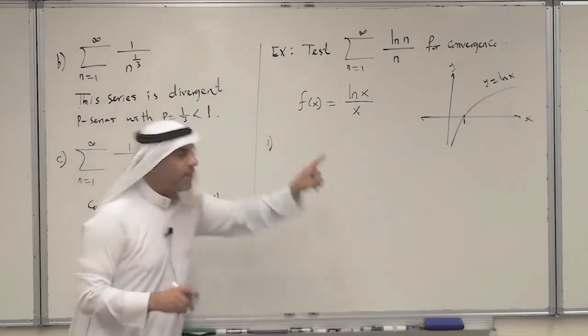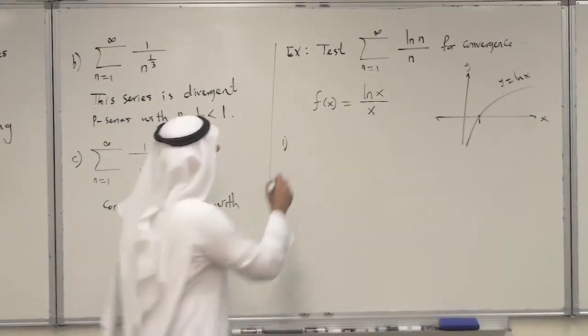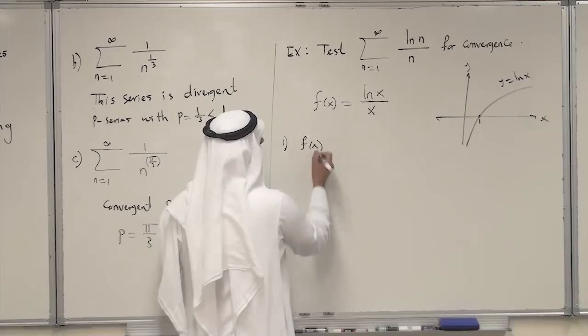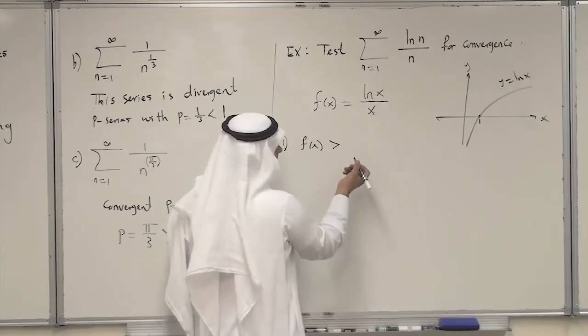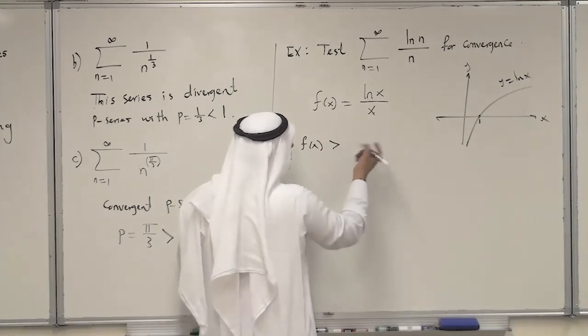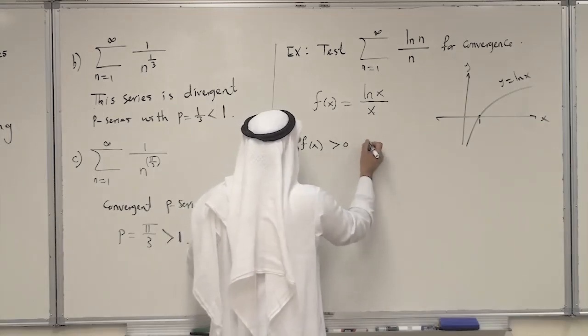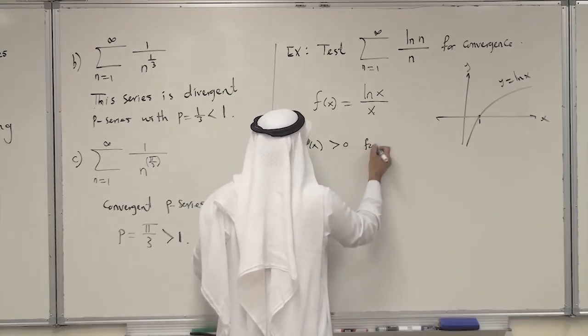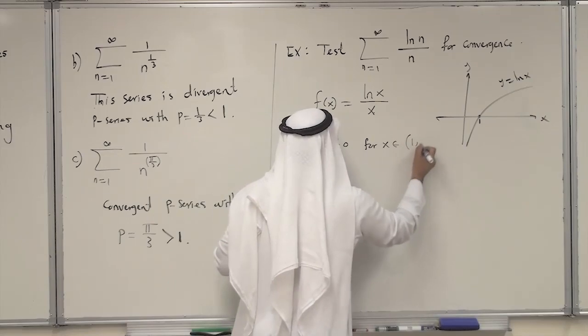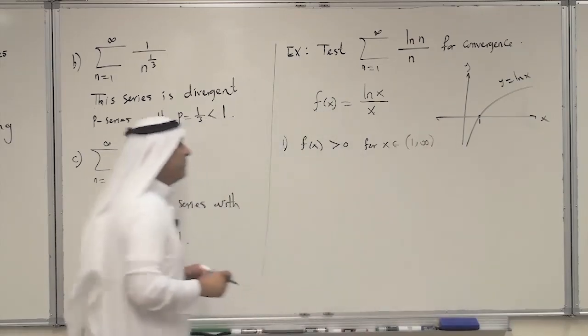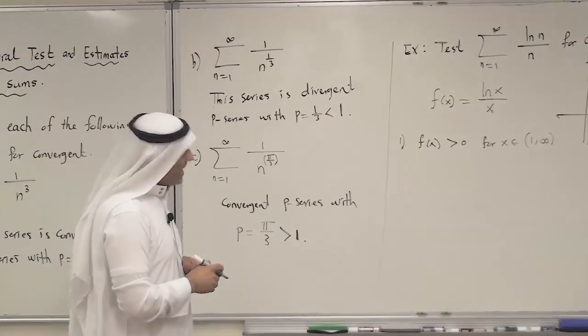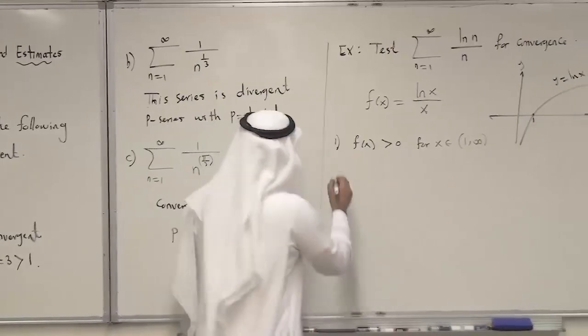So yes, after 1, this is positive. We have no problem. So f of x is greater than 0 for all x inside the interval 1 to infinity. So that's okay, fine.